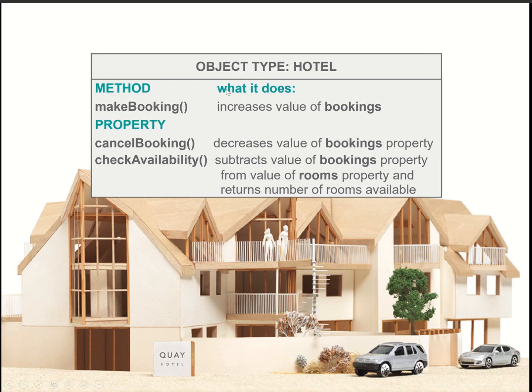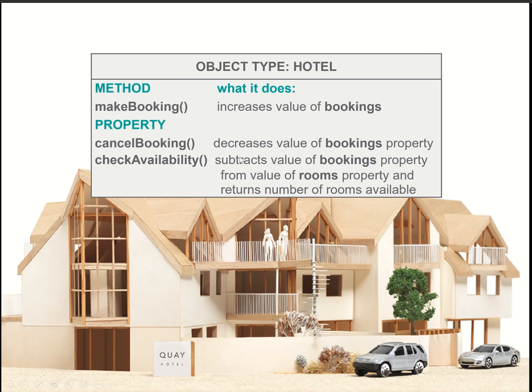For cancel booking, this will decrease the value of the bookings property, so the number of bookings is reduced because a booking has been cancelled. Then check availability will be the total rooms minus the number of bookings.